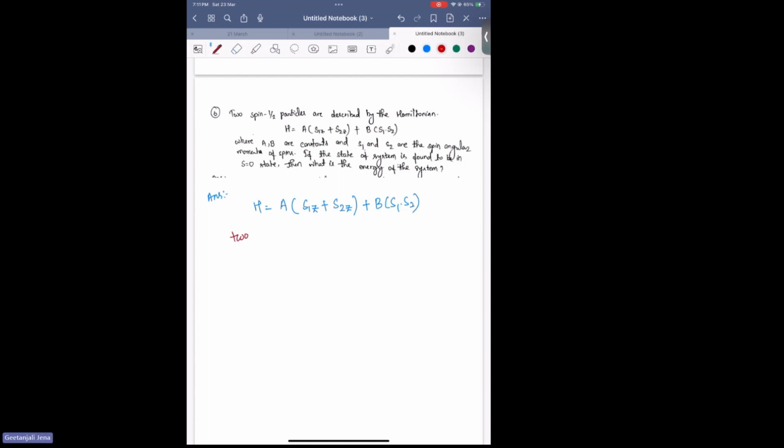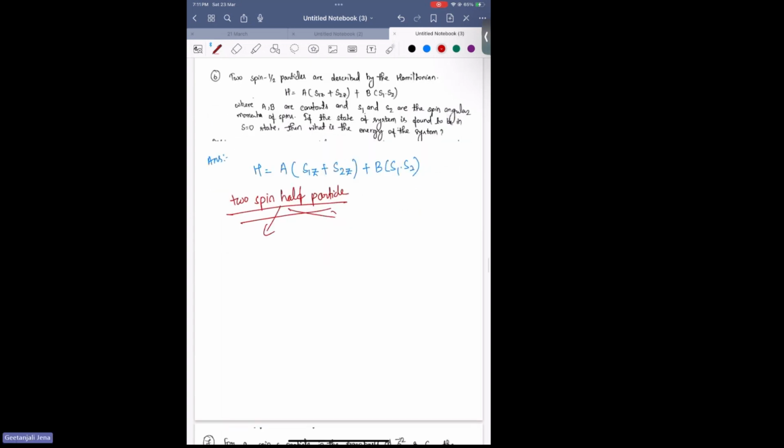So that means the spin quantum number of the first particle is S1, of the second particle is S2, and the Z components are S1z and S2z. When we have two spin-half particles, the total spin of this whole system will be the vector sum of S1 and S2.